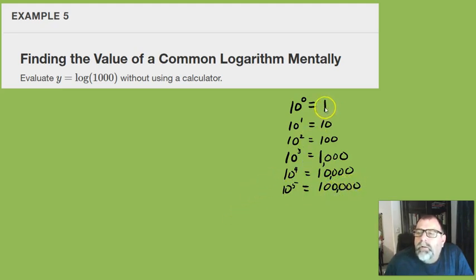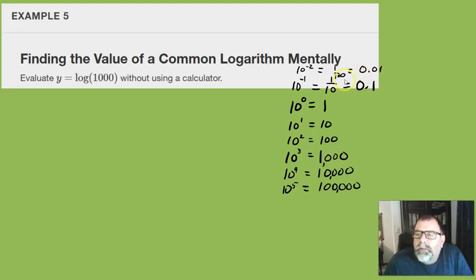Now when you go in the negative direction, it's place value. So if I have 10 to the negative 1, it's going to be 1 over 10, which is the same thing as 1 decimal place. So 10 to the negative 2 is 1 over 100, or 0.01, 2 decimal places.